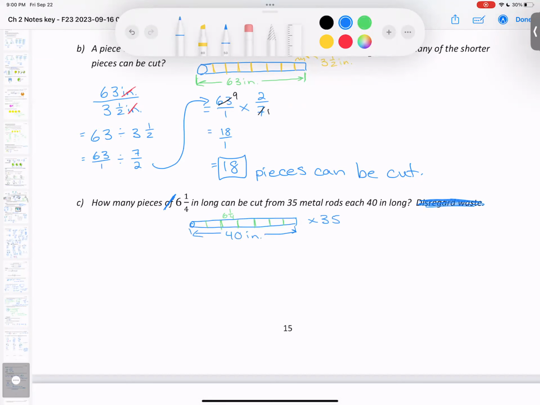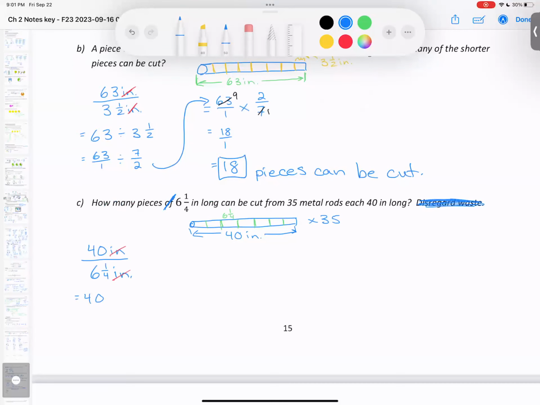Okay, so let's take a look at one rod first and see how many pieces we could cut from that. So if we have one rod that's 40 inches, we're going to want to divide that 40 inches into pieces that are 6.25 inches. So it's going to be 40 inches divided by 6.25 inches. Just like in the last problem, those inches are going to cancel. And so our answer is not going to have units, which makes sense because it's going to be the number of pieces.